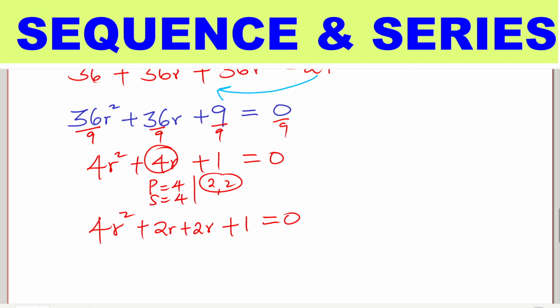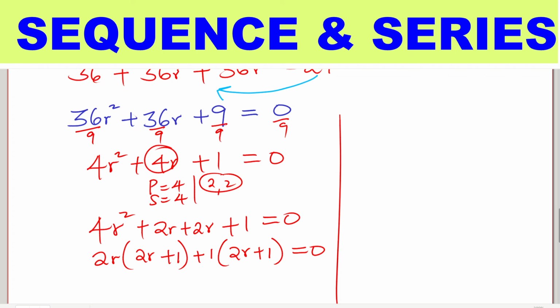So factorize this. What is common between 4r squared and 2r? 2r is common, so that you have 2r plus 1. Then what is common between 2r and 1? 1 is common, so you have 2r plus 1. From here, you get 2r plus 1 multiplied by 2r plus 1 is equal to 0.